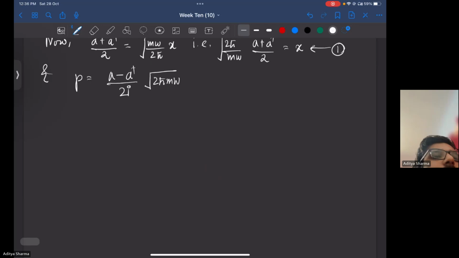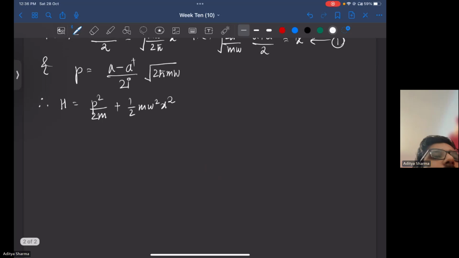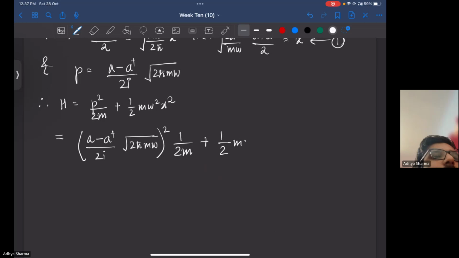Now, therefore, the Hamiltonian, which is p squared by 2m plus half m ω squared x squared, you just substitute these things, which gives us minus (a minus a dagger) by 2i, squared.